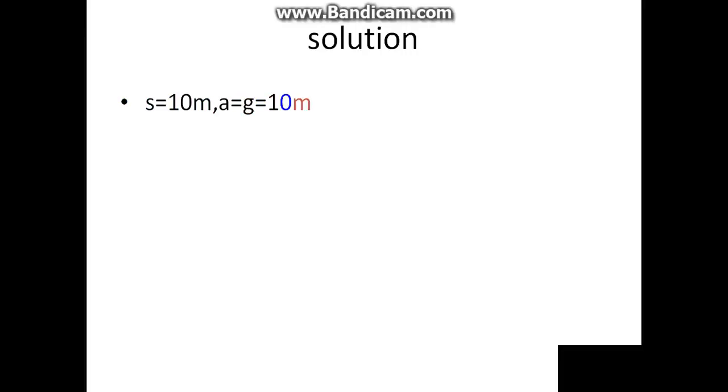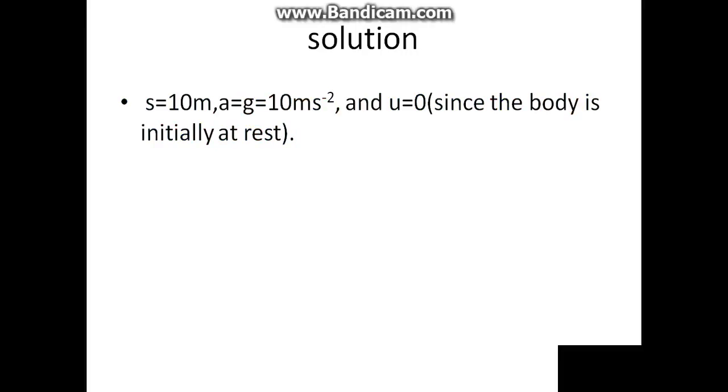Solution: s, this is the distance, is equal to 10 meters. Acceleration due to gravity g is equal to 10 meters per second squared. And the initial velocity, which is u, is 0, since the body is initially at rest.